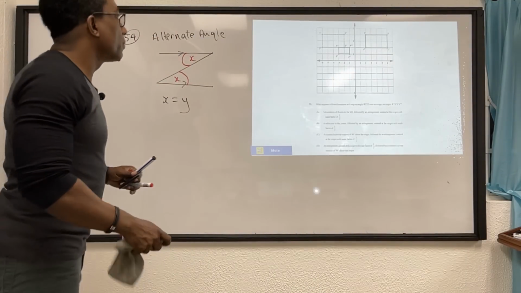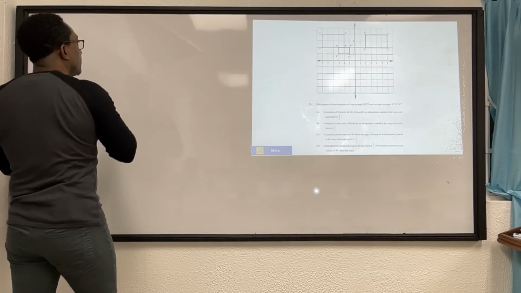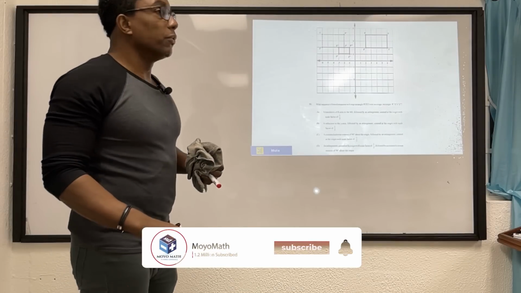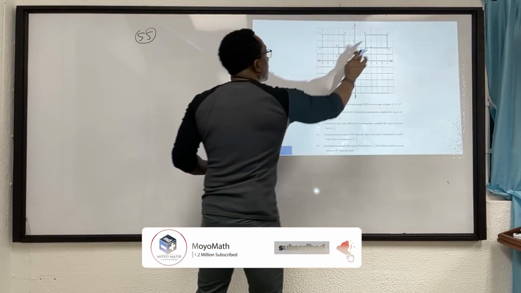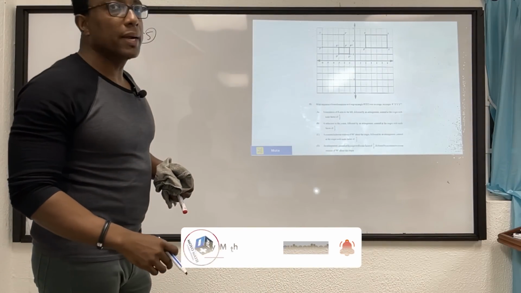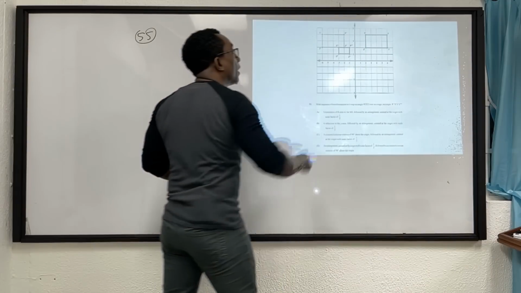So what is going to take place here for 55? In moving from WXYZ to W prime, X prime, Y prime, Z prime, we have a reflection about the Y-axis.